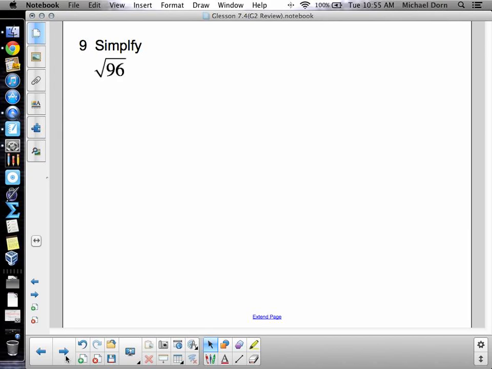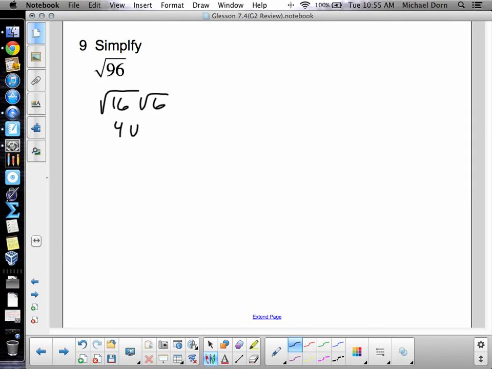Anyone tell me a perfect square that goes into 96? 16, how many times? 6. Okay, because square root of 16 winds up being 4. I still get people who do 6 root 4 instead of 4 root 6. Be careful, it's a 16 that's coming out that becomes a 4 outside the radical. I do not simplify that further.